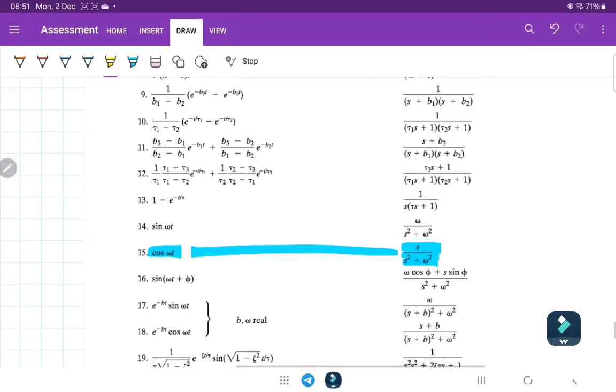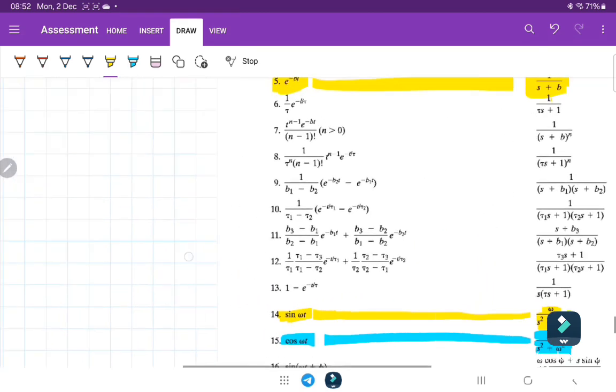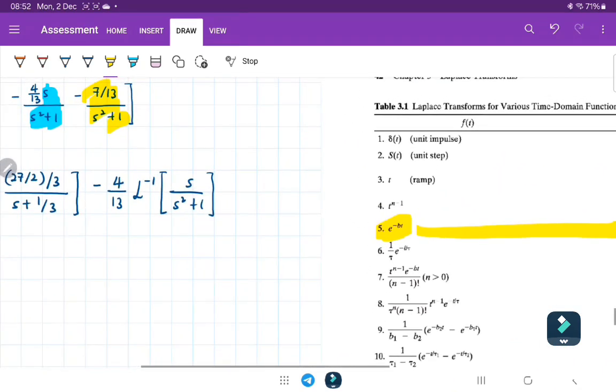And for the fourth term, when you look at the table, you can see you have omega over s squared plus omega squared, and that would give you sine omega t. So you have to adjust your equation so it matches with the Laplace transform component.